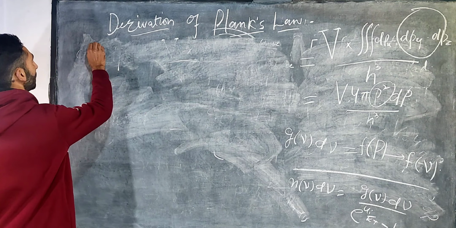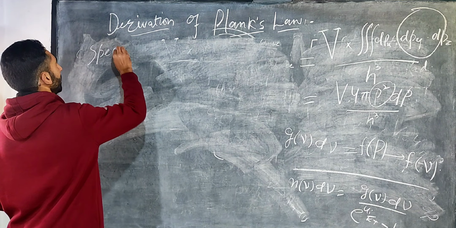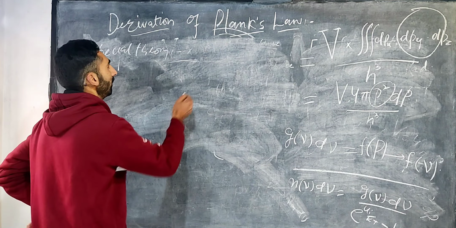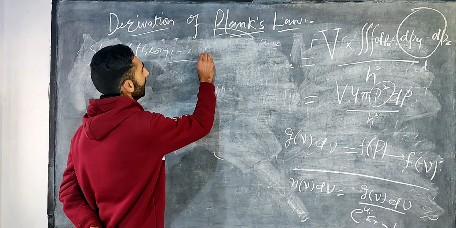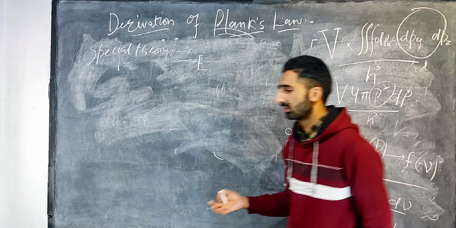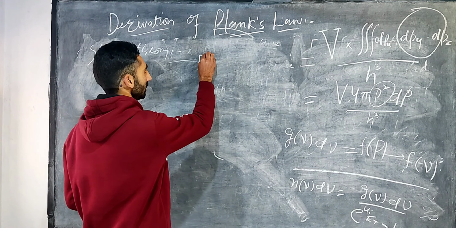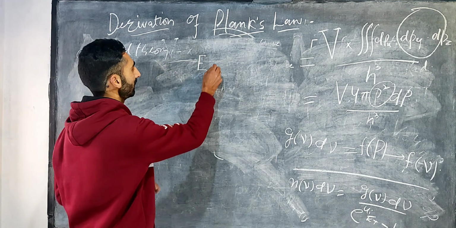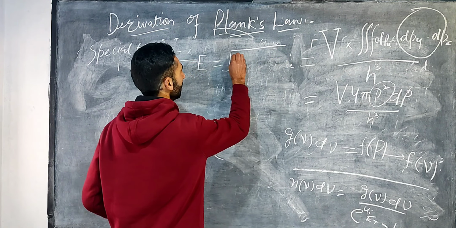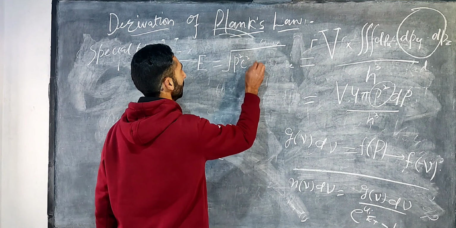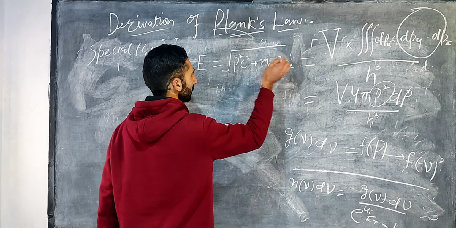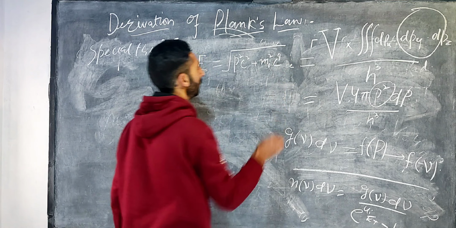We know from Einstein's special theory of relativity a formula which says that the energy of a photon, or of anything under discussion, is equal to the square root of p squared c squared plus the rest mass squared multiplied by c to the power 4.